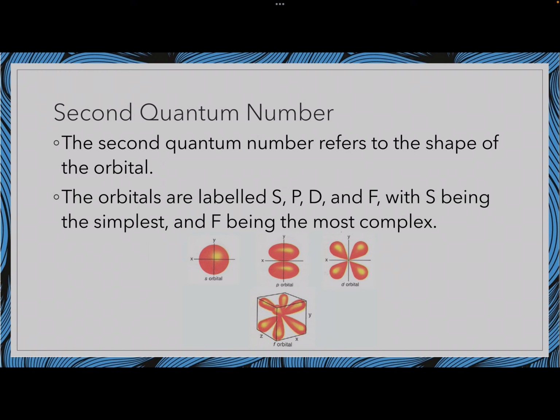D orbitals, we kind of get this four-lobed orbit of the electron. And F orbitals, they're kind of a weird eight-lobe. Some of them are barrel-shaped. Once we get onto the next part and look at the third quantum number, you get to see all the different shapes that are available. But basically S is the simplest, F is much more complex.